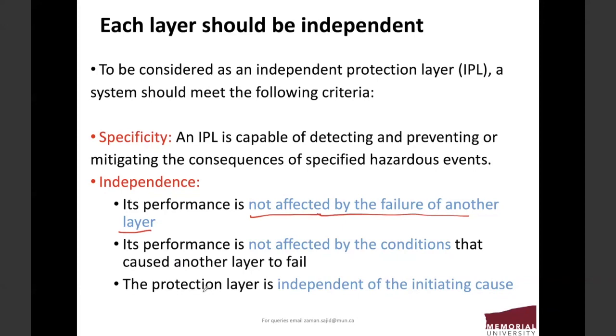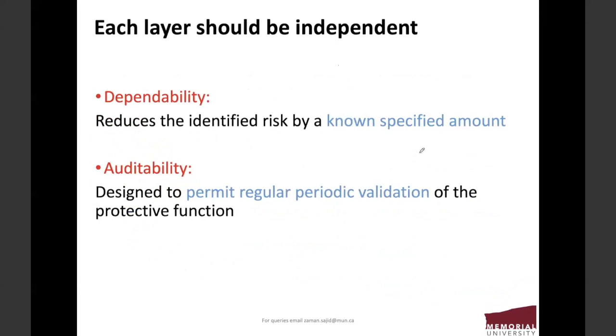The protection layer is independent of the initiating causes. Dependability: it reduces the identified risk by a specified amount. And auditability: it is designed to permit regular periodic validation of the protective functions. This one is more related to reliability engineering.